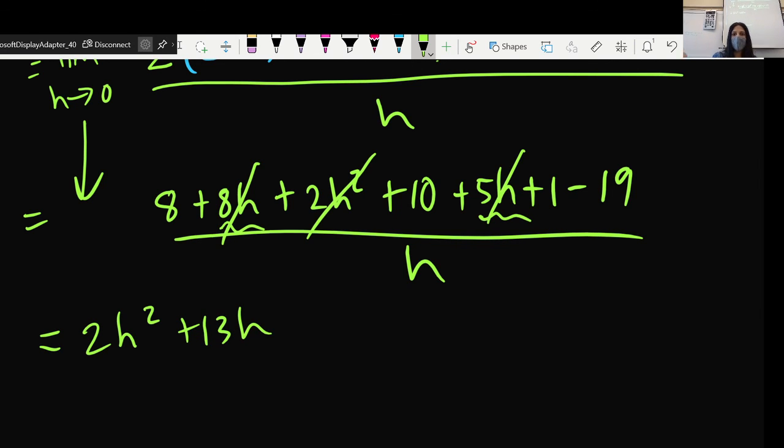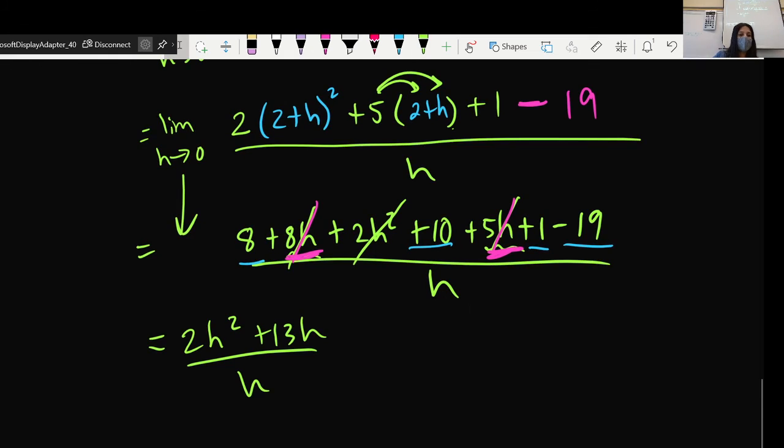That's my way of keeping track of like terms. And then we have 8 plus 10 plus 1 minus 19. How convenient, it all cancels out, so we don't even need to worry about that. And then we have the h at the bottom.